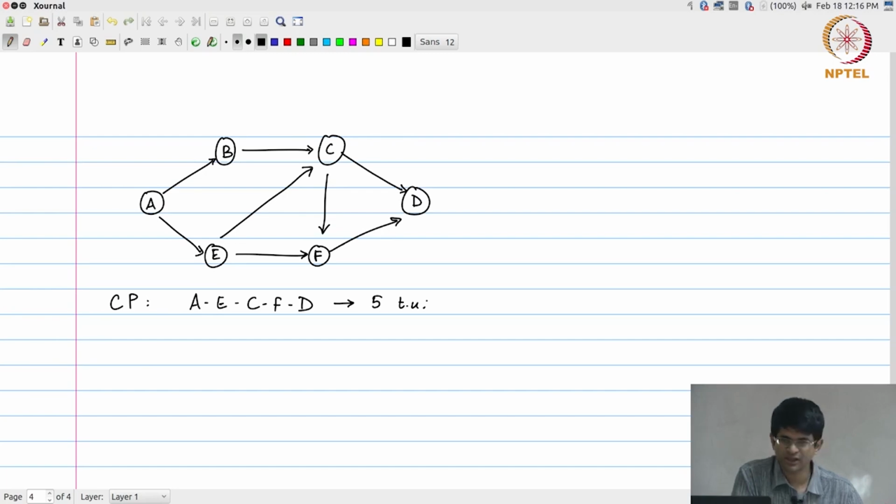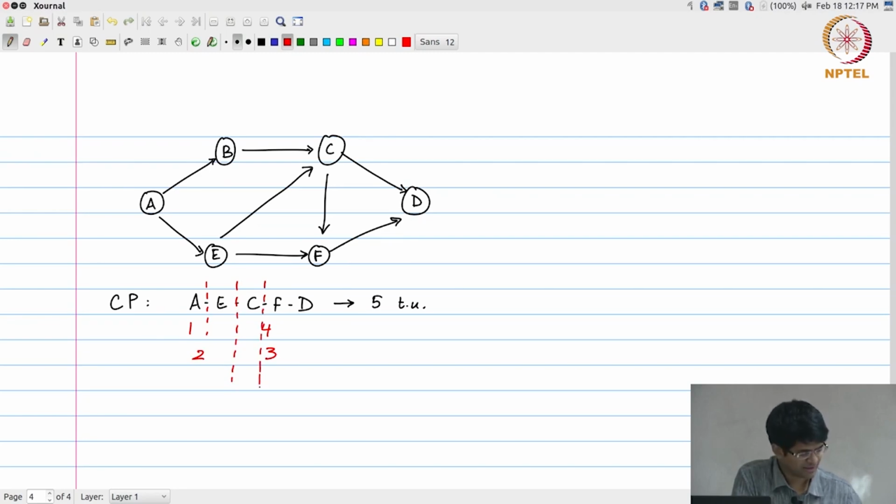In other words, in this particular case, if I break it between A and E, for example, will it help? No, that by itself will not bring down the critical path to 3 or below, right. If I was to put a break over here, then I would get 1 and 4, which is not really solving my problem. Okay. Instead, if I put a break here, I would get 2 over here and 3 on this side, which is one possibility.